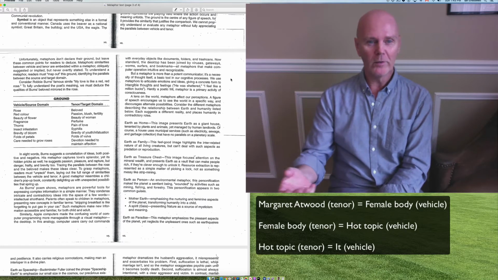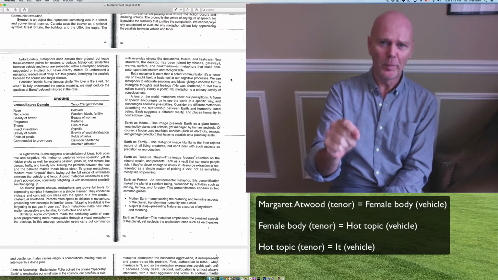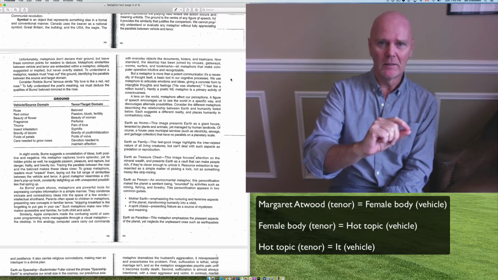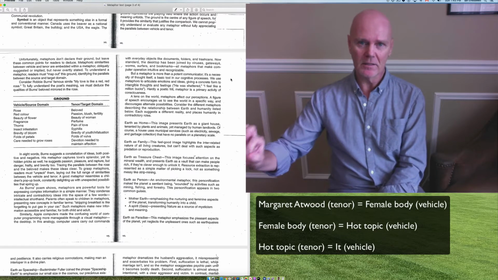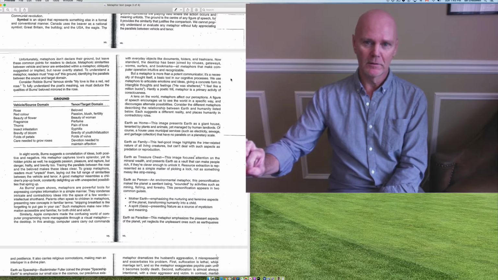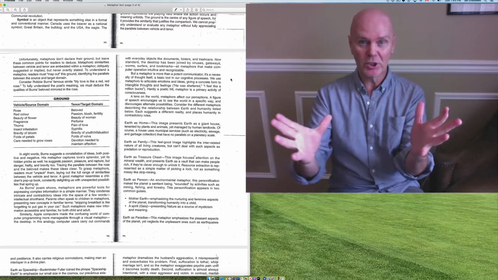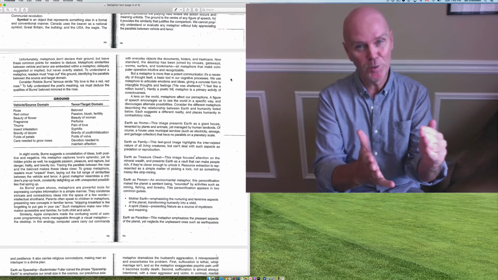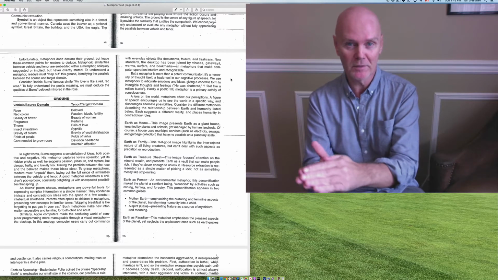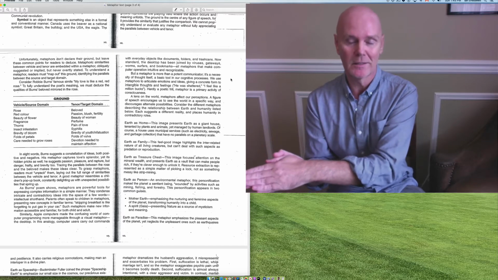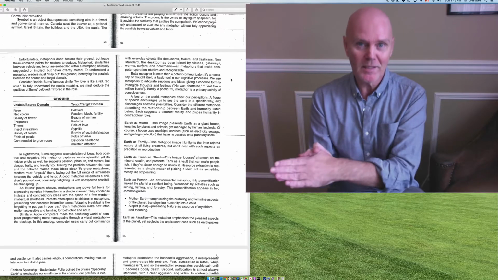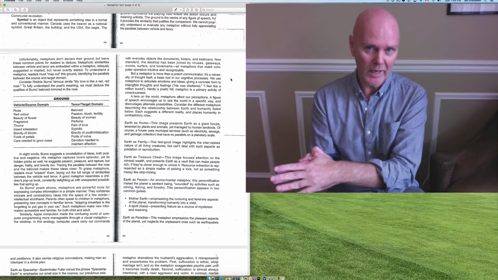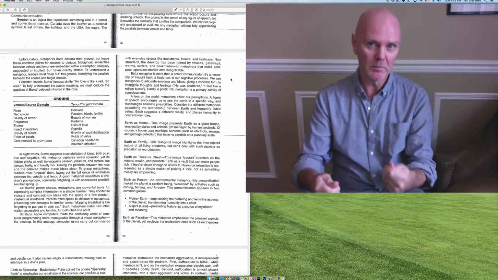One more, why not have hot topic as the tenor equals it as the vehicle? And now everything that she is as a human being and as a woman is reduced down to this impersonal pronoun, it. That's the point she's making. That's what happens in the metaphorizing process.